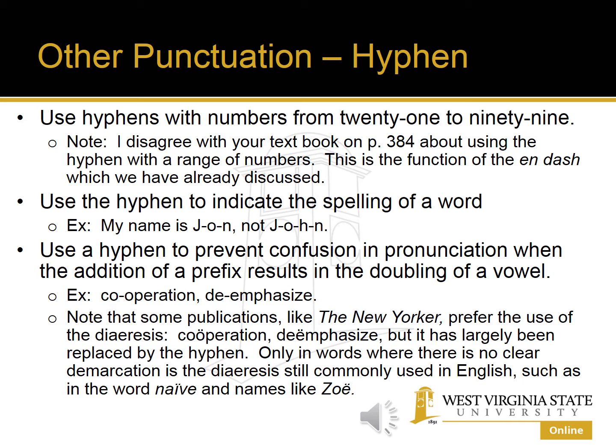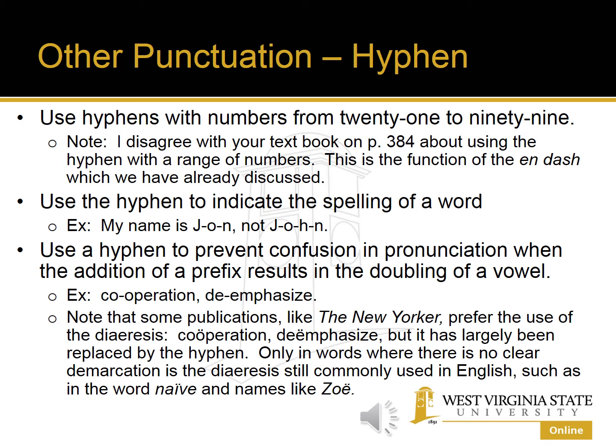In other words, cooperation wouldn't be written with a hyphen, but rather we'd put a diaeresis over the second O to indicate that both O's are pronounced, cooperation, not cooperation, or de-emphasize instead of de-emphasize. But like I said, in modern American English, the diaeresis has largely been replaced by the hyphen, which I think is unfortunate. I think the diaeresis is actually kind of cool, but maybe that's because of my German bias.